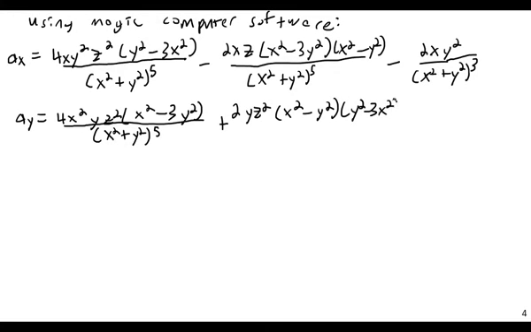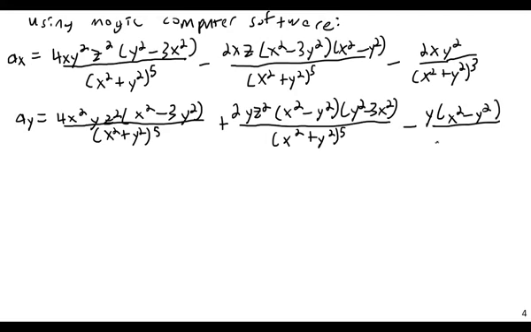Isn't this fun? Divided by, I didn't say we were done yet, (x squared plus y squared) to the fifth power, another one of those, minus y times (x squared minus y squared) over (x squared plus y squared) to the third power.